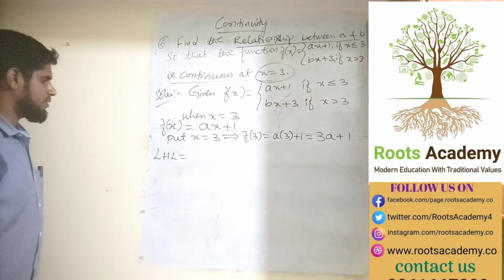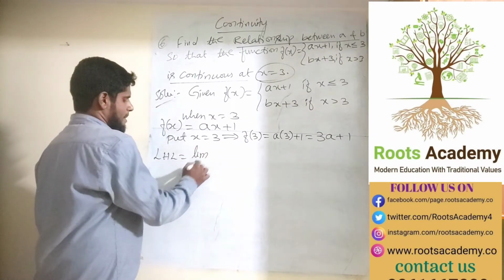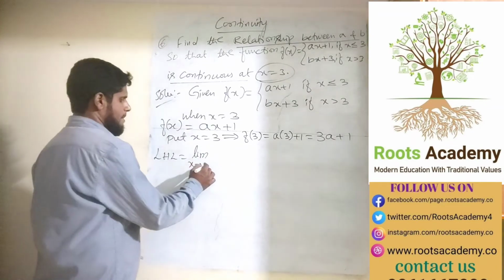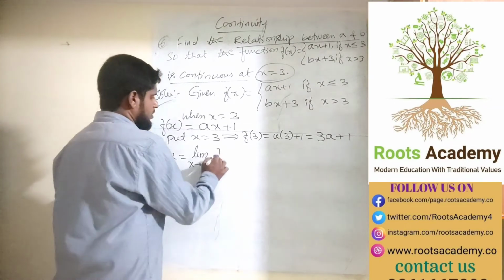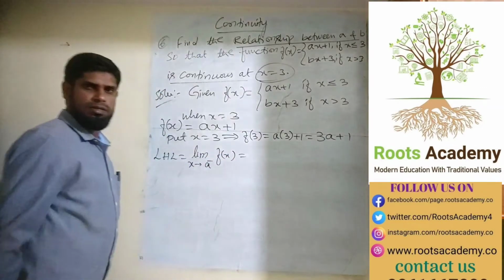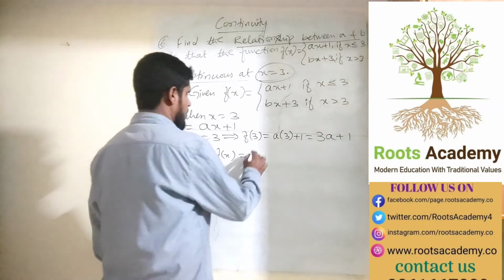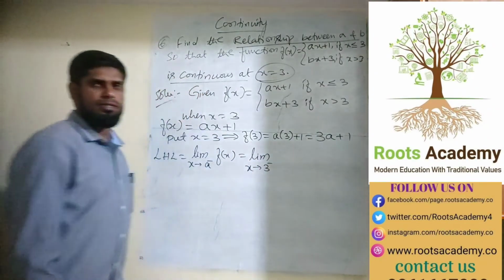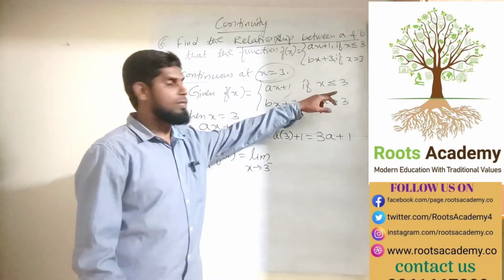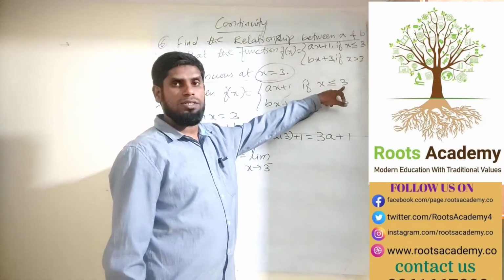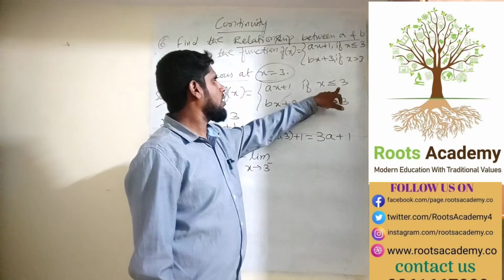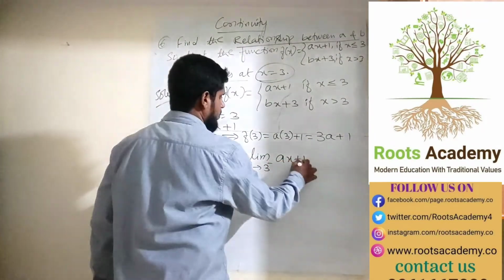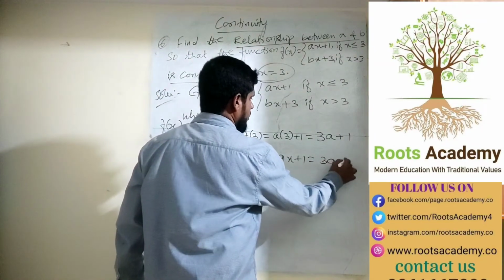Next, left hand limit. Limit x tends to 3 minus f of x equals limit x tends to 3 minus, left hand limit. And x is less than 3 here, so this is the condition for left hand limit. And the function is ax plus 1, that is 3a plus 1.